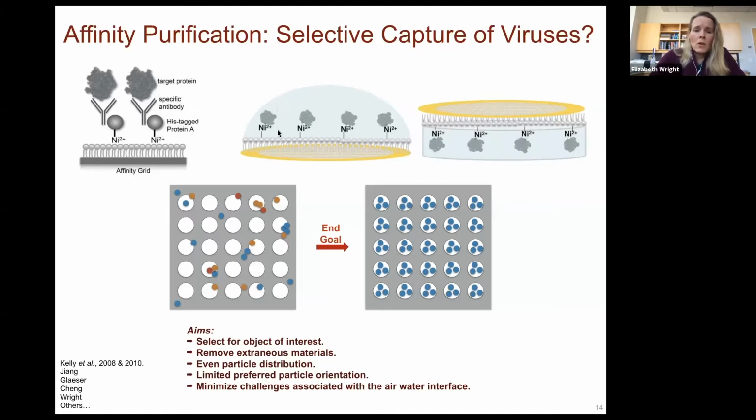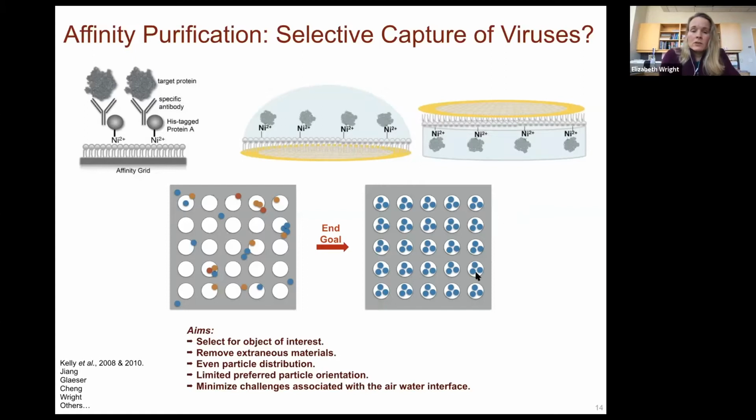The end goal of using this technique is to go from a grid surface where you have all kinds of different complexes or virus particles and debris spread across the grid to where you can have a more uniform distribution of those virus particles with very little trash in the background.